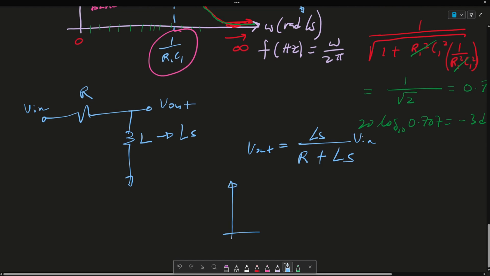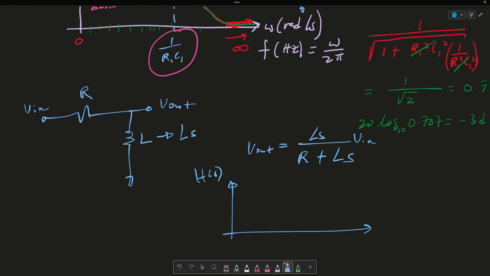And the magnitude response of this function is simply what you consider a high pass filter. All right. So this is a high pass filter. Okay. So what this circuit is saying is that at low frequencies, V out is essentially going to be equal to 0. But then at high frequencies, there's going to be an induced voltage, right, and this V out is essentially going to equal V in.